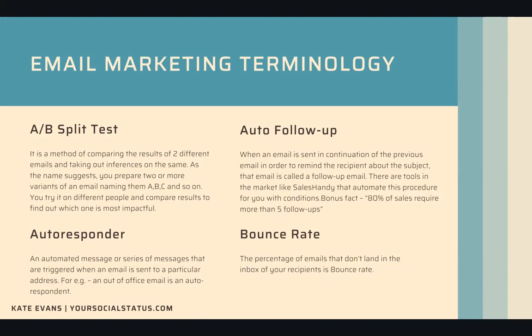There's the term auto follow-up, and that's when an email is sent immediately after the previous one to remind somebody about something that we just told them about. That's different than an autoresponder. An autoresponder is automated as well, but it's also a message or series of messages, depending on how you set them up, that are triggered based on different criteria that you set.